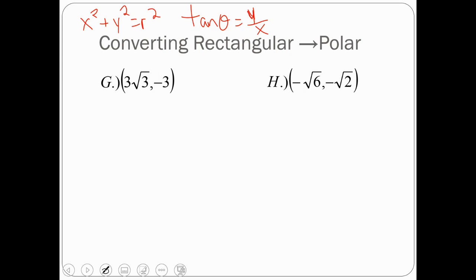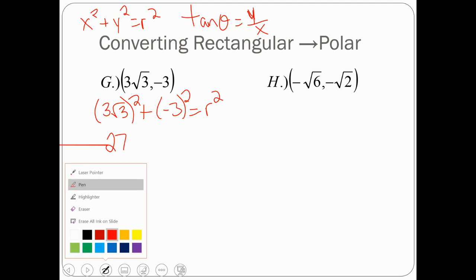So for polar, we need an r and we need a theta. So first, for this one, we will do 3 square root of 3 squared plus negative 3 squared equals r squared. So 3 square root of 3 squared is 9 times 3, or 27. I gotta erase that.